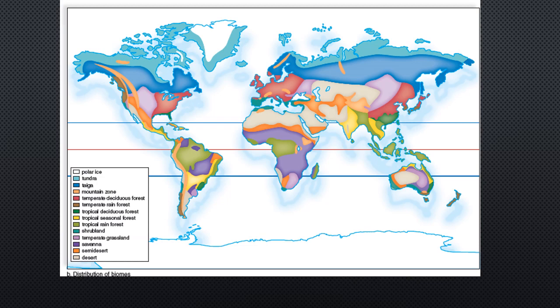But another varying factor in that is the altitude, because it can be nice and warm in certain areas that are closer to the equator, but if you go up a mountainside really high, it's going to get cooler even though you're still at the equator. So latitude and altitude both affect the biome distribution.